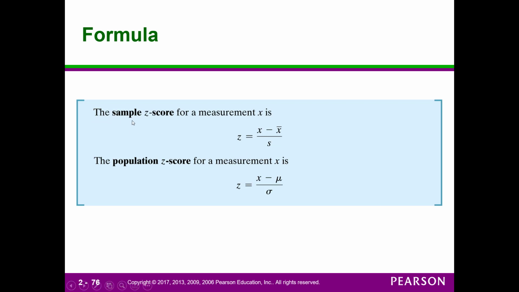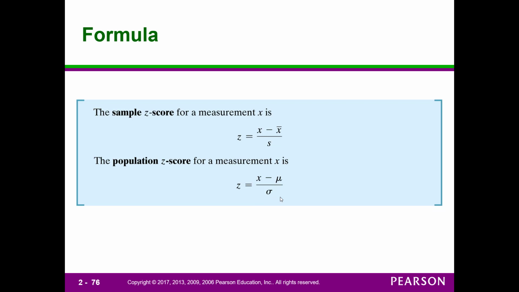The sample z-score for a measurement X is Z equals X minus X bar divided by S. But for a population, the z-score for a measurement X is Z equals X minus mu divided by sigma.